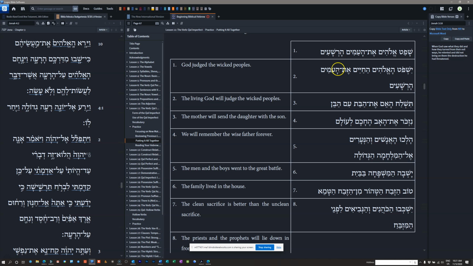Ha-amin is definite. Ha-risha'im has the article. That's a great clue that we've got an attributive function here. Further confirming that is the fact that the adjective comes after its noun, indicating an attributive function.